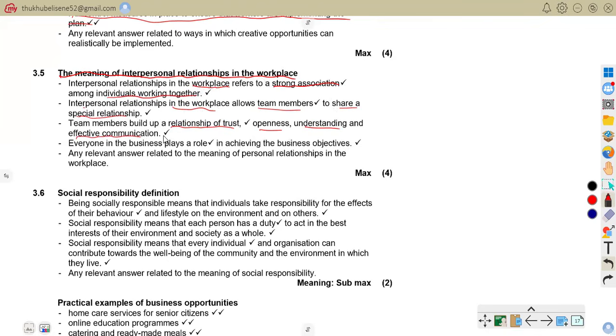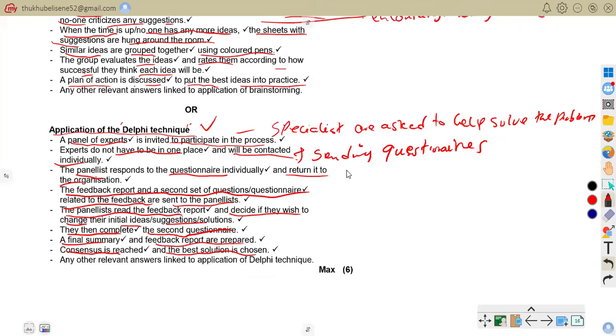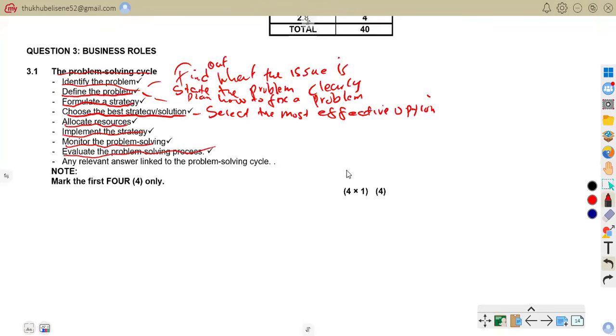So there will be transparency and openness, where they will share, and this will drive a business into green pastures because of having a quality team that is working together. Everyone in the business plays a role in achieving the business objectives. So now let us move on to 3.6.